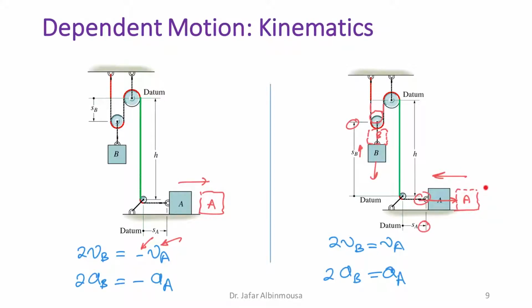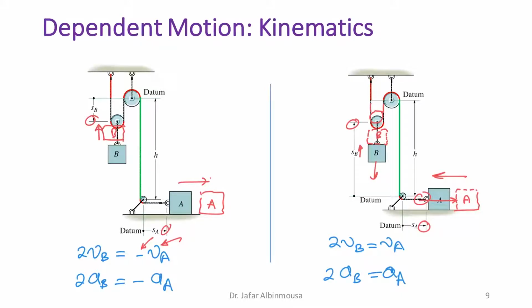We said if this one moved to this direction, this one will move up. So same here. If this one moves to this direction, this will move up. And if it moves up, then basically that's B. This means it is opposite to this arrow, while this one is the same as this one, which means that one of them would have the negative direction compared to the other. So you can run the same scenario.